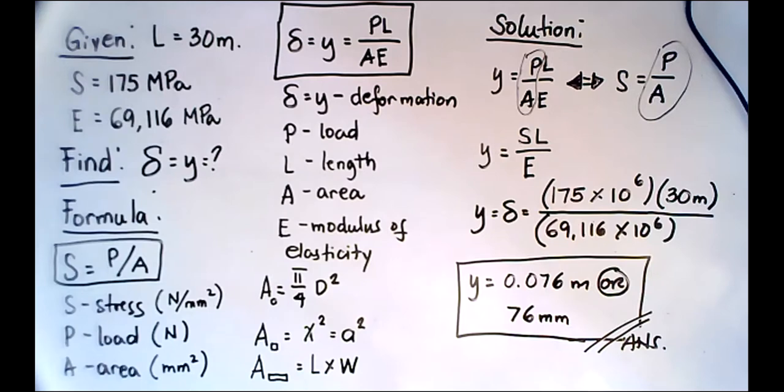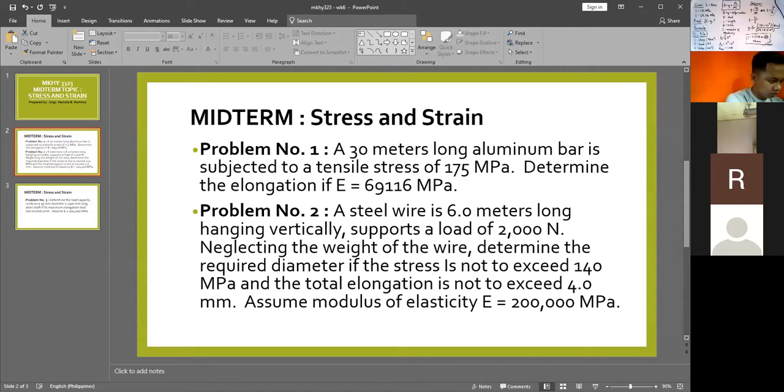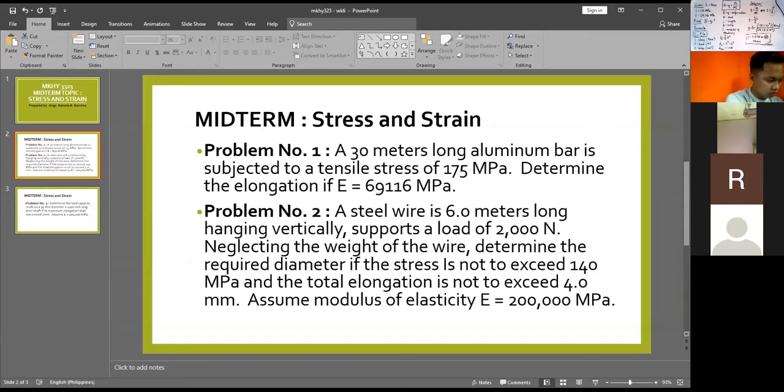Any question? So we shall go to the next problem. According to the next problem, we are given a steel wire, 6 meters long, hanging vertically with a load of 2,000 Newton.